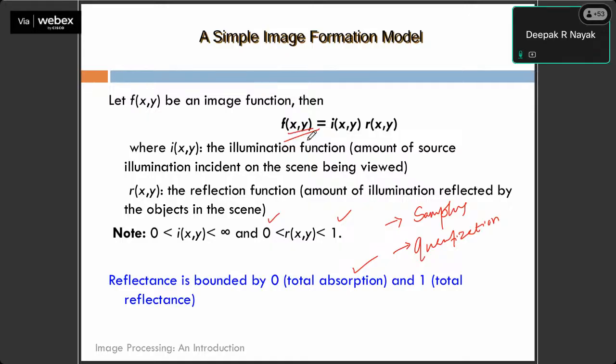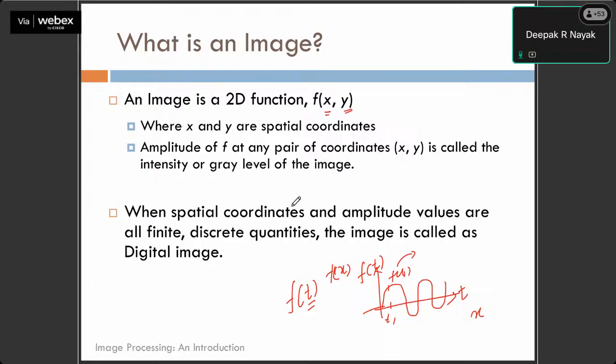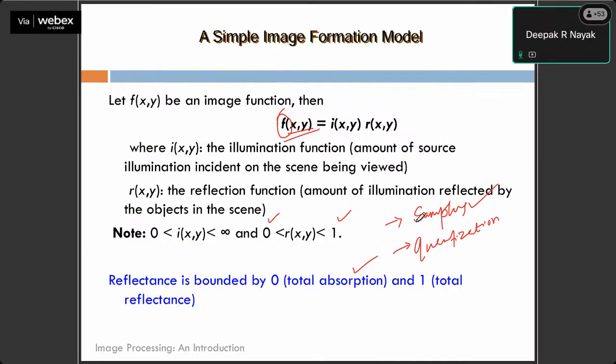At the same time, we want to digitize the intensity or amplitude values, which lie from 0 to infinity. Sampling helps in digitizing the coordinate values, and quantization helps in digitizing the amplitude values, and ultimately you get a digital image. When the spatial coordinates xy and the intensity values are all finite, discrete quantities, the image is known as a digital image. The process that converts the analog image into a digital image is sampling and quantization.